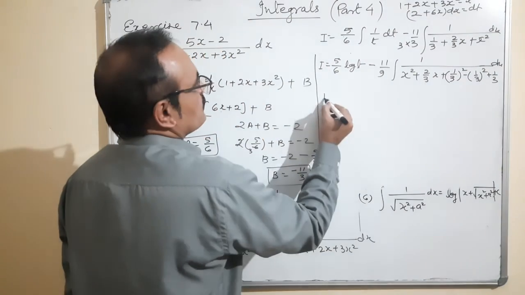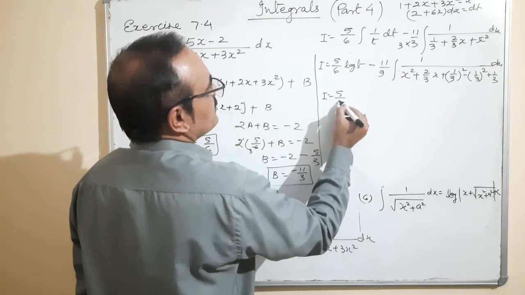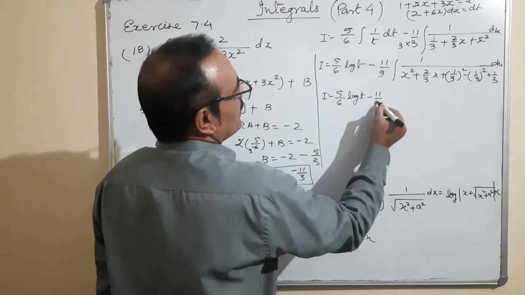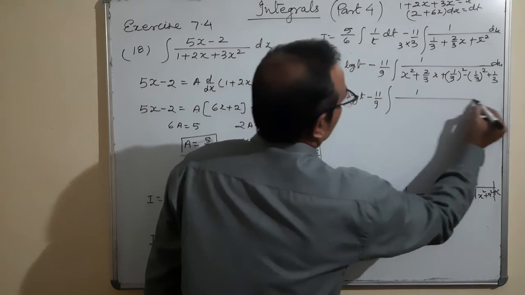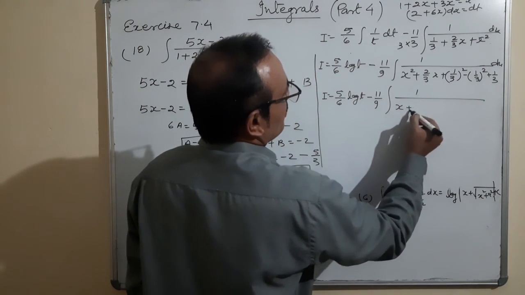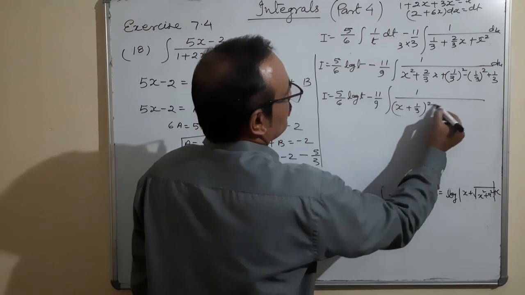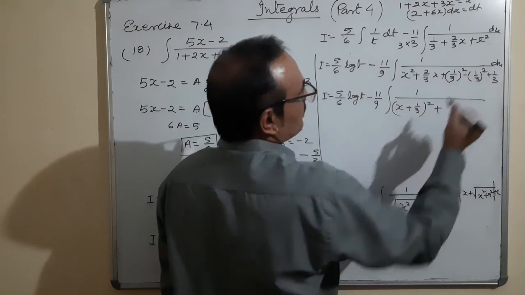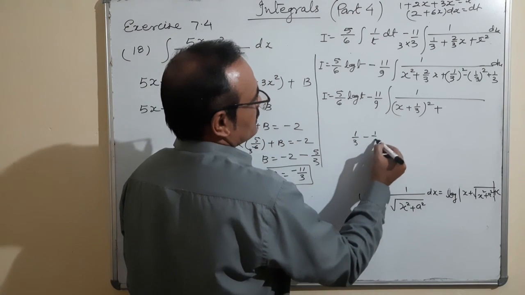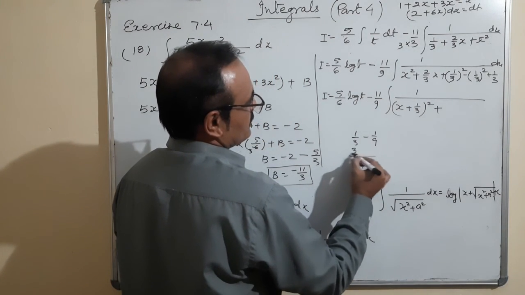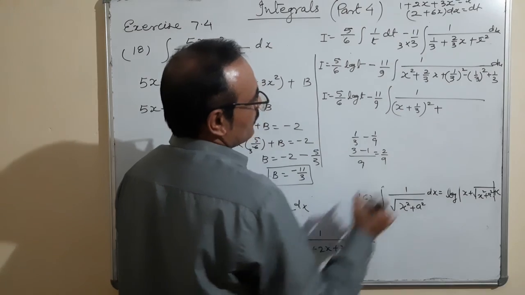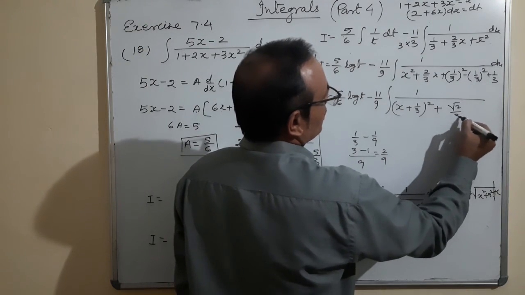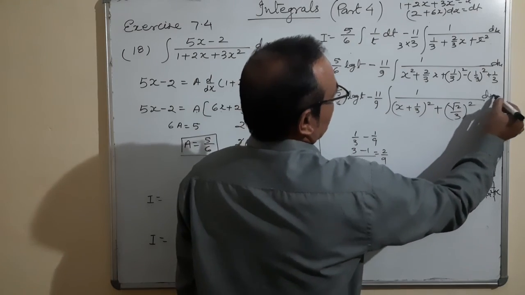So I is equal to 5 upon 6 log t, minus 11 upon 9, x plus 1 upon 3 whole square, the first 3 terms, and 1 upon 3 minus 1 upon 9. What is this? LCM 9, it is 3 minus 1, 2 upon 9 with plus sign. So I write here root 2 upon 3 whole square dx.